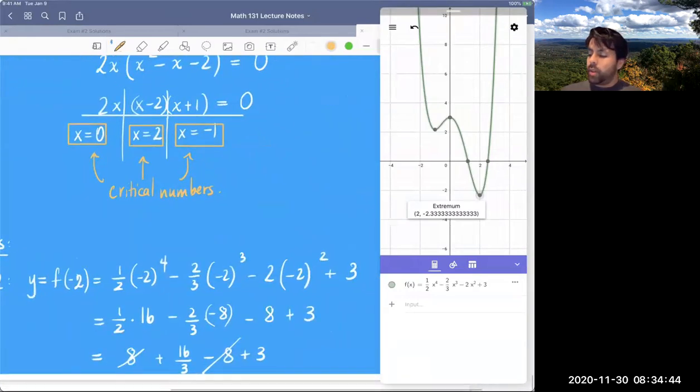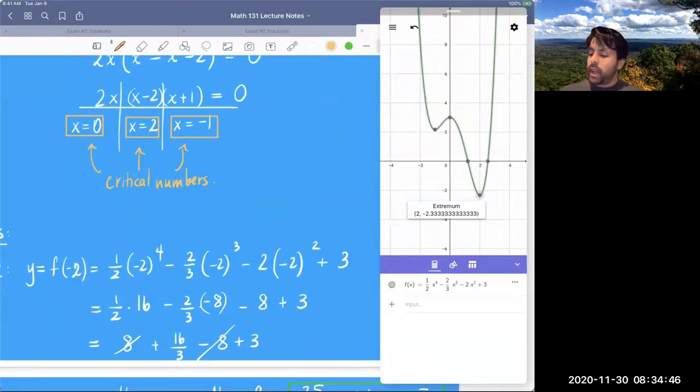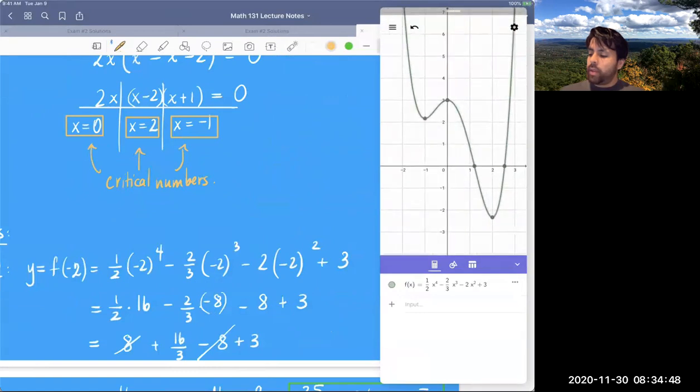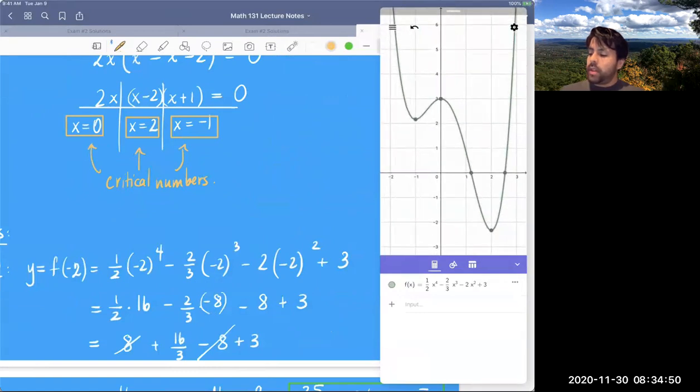Only within this window between negative 2 and 3, I can't look at anything else. As you can tell, we do have a relative max here, 0, comma 3. We do have a relative min here, negative 1, comma 2.16, as we found, but they're not the smallest nor the largest. They're just locally the smallest and largest, in the local region.